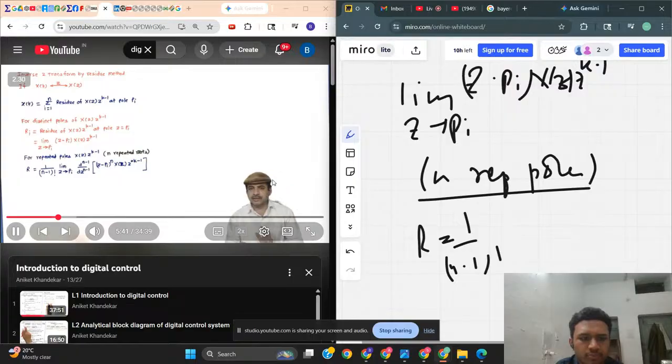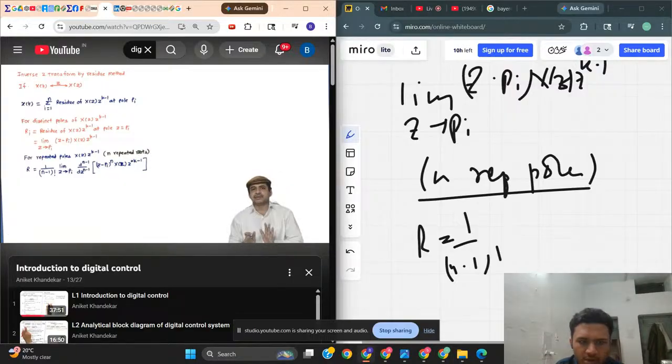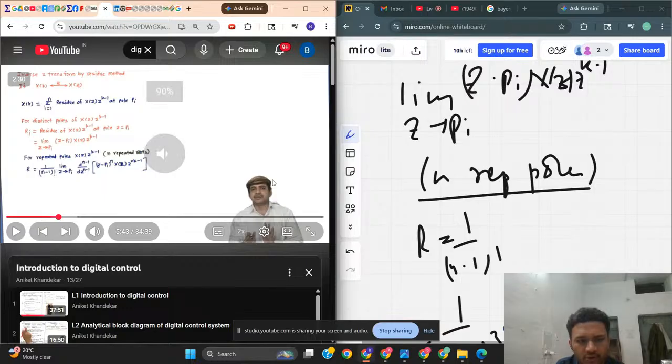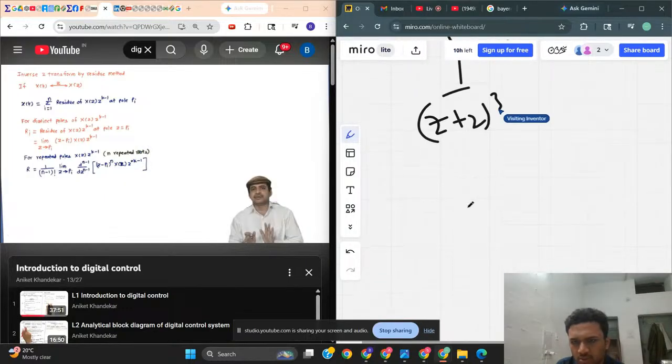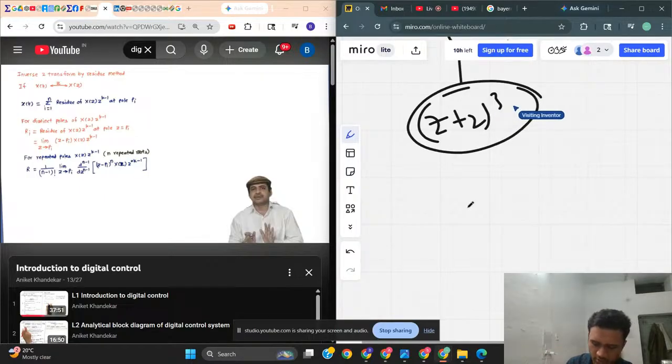For example, if you have 1 upon (z plus 2) whole cube, you don't do one single derivative. Therefore it is said that d^(n minus 1).